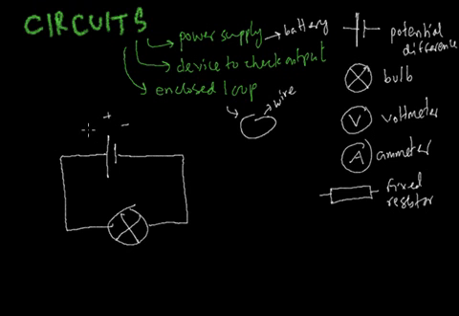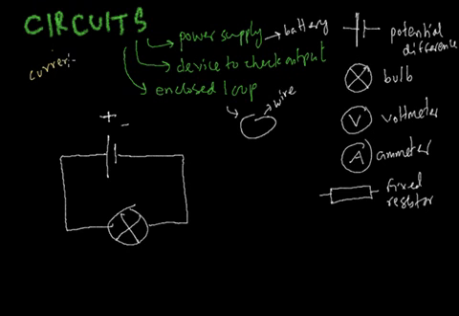That's the symbol. Now when we talk about current, the flow of current is actually in the opposite direction of the flow of electrons. Electrons actually flow in this direction. So this is something that needs to be remembered.